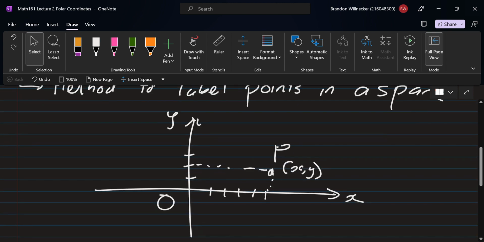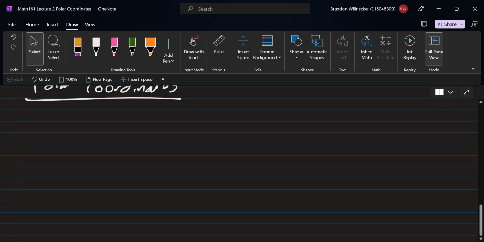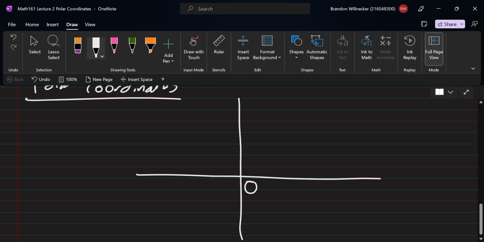For this system over here, again, we've got horizontal lines and vertical lines. For polar coordinates, it's a bit different. We again have an origin, let's call it O. But now, instead of having orthogonal lines, we're going to have radial lines, so like this. You can imagine in all possible radial directions, we have lines going out.